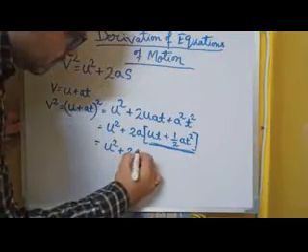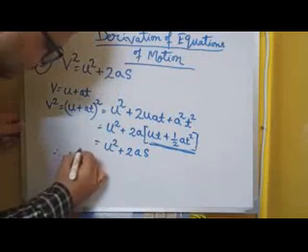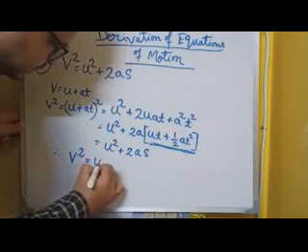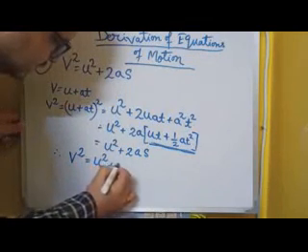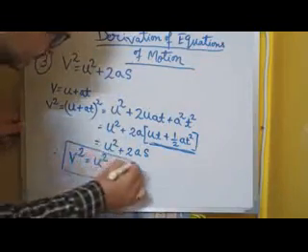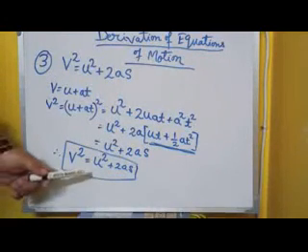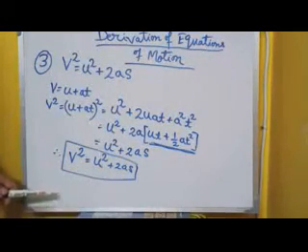So 2as. So we can write V square is equal to U square plus 2as. This is the proof of the third equation.